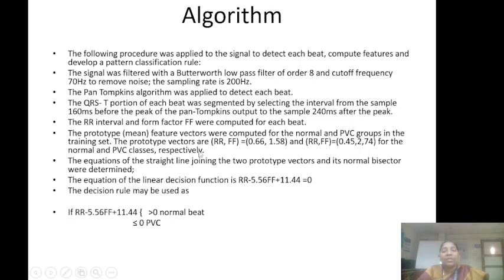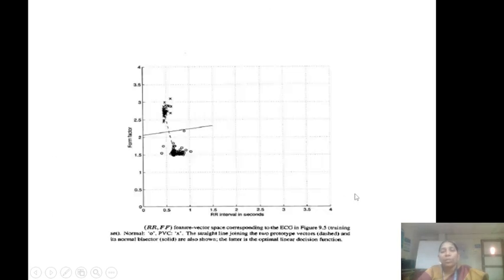The decision line, or decision function, which discriminates the normal and ectopic beats is given by the equation R2R minus 5.56 times form factor plus 11.44 equals 0. The decision rule is: if this expression is greater than 0, we call it a normal beat. When it is less than or equal to 0, we call it a premature ventricular contraction.